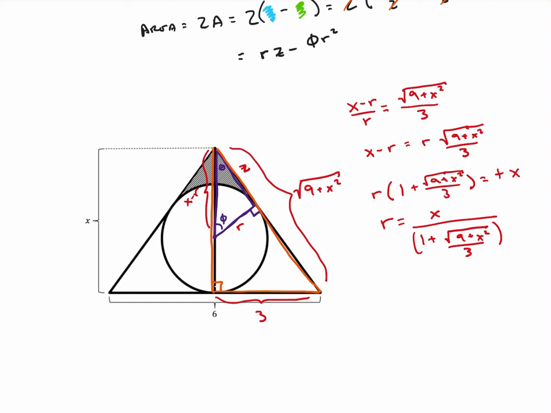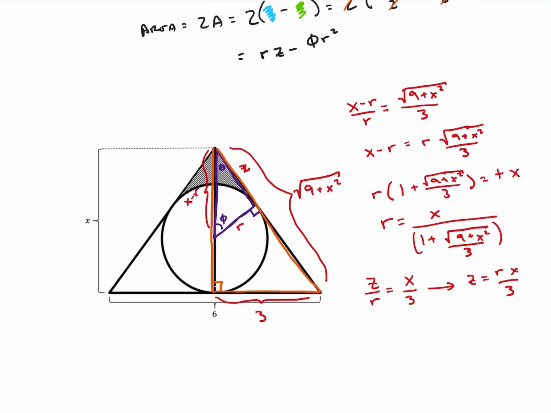So if I look at similar triangles again, I can see that z over r is equal to this x side divided by 3. So rewriting that expression, I get z is equal to rx over 3. All right, so now z is in terms of r and x. And since r is already in terms of x, I now have z totally in terms of x.